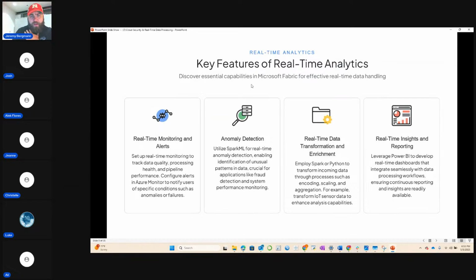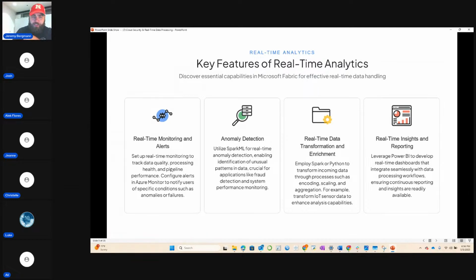Fabric has its own, Data Activator, I believe it's called, but you can also do all this in Azure Monitor. We did briefly mention in this class what you can do with Azure Monitor. You can send those alerts and notify people of specific conditions or anomalies if those happen.